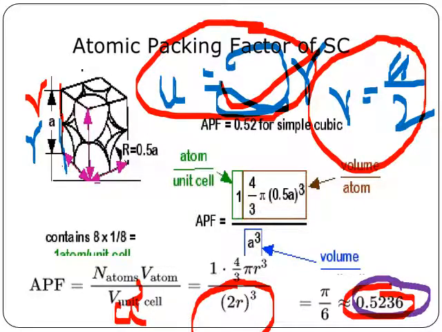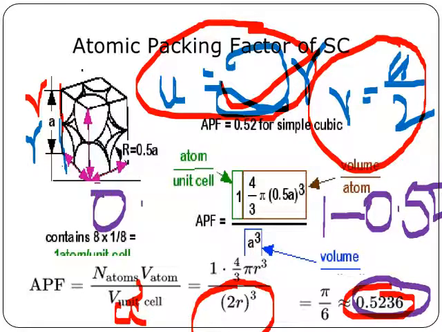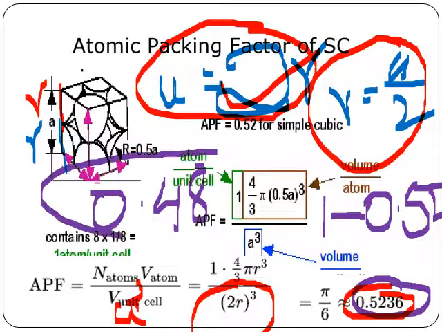If you subtract this from 1, that is 0.52, the remaining will be 0.48. Means inside a simple cube you can find there is still a space which is empty, that is 48 percent.